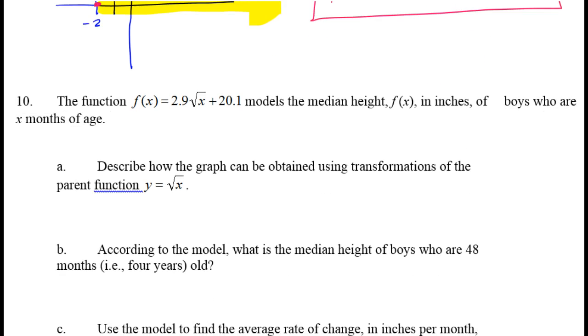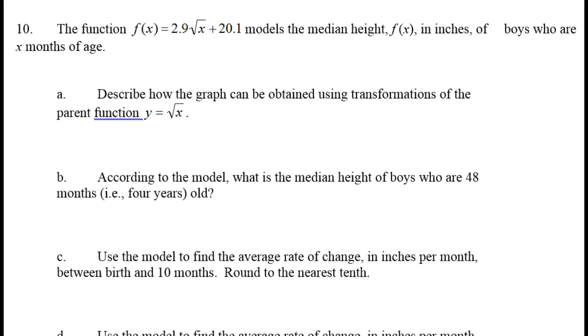Now, let's go ahead and solve this word problem. The function f of x equals 2.9 radical x plus 20.1 models the median height, f of x, in inches of boys who are x months old.